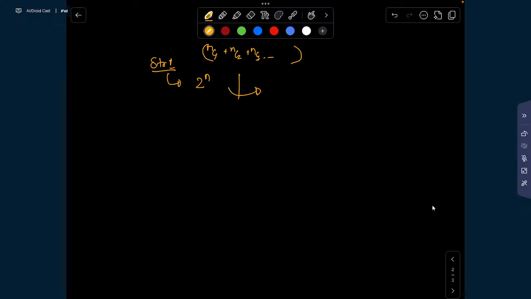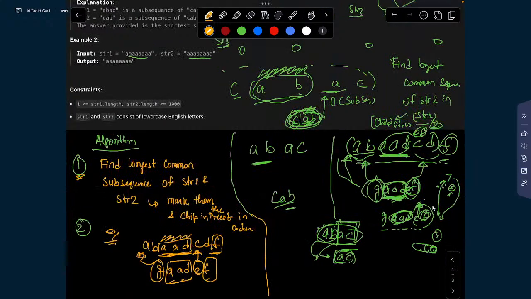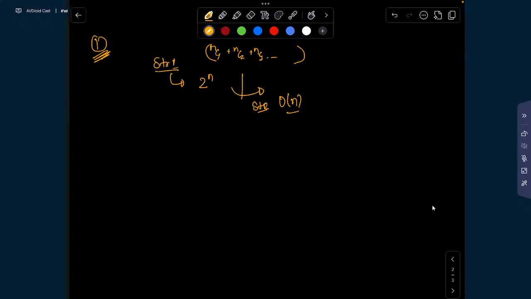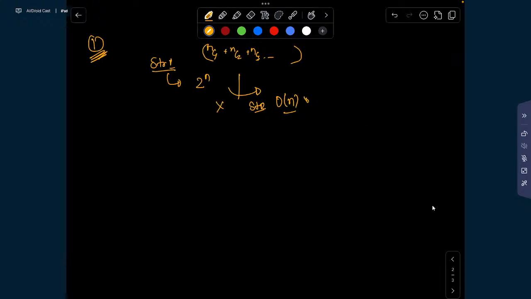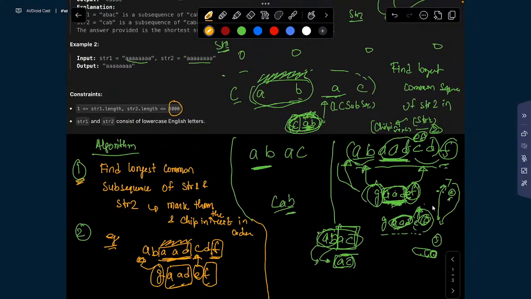So that we will check in str2 if they exist as a subsequence or not. And for that, we can go up to order n for each check. So this is order n into 2 to the power n, and we all know n is 1000 here.